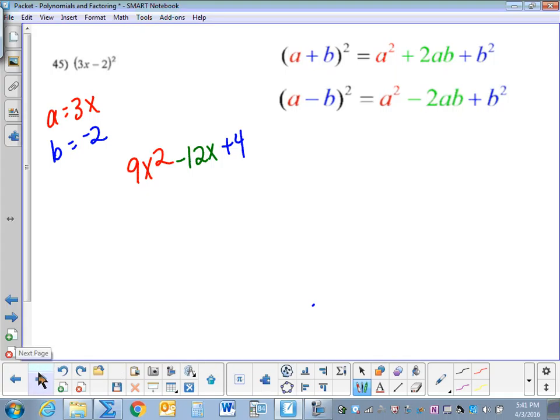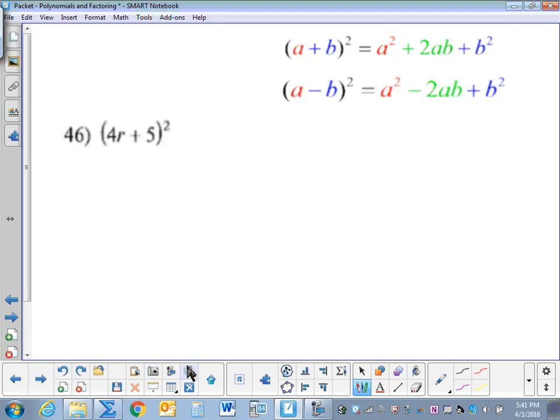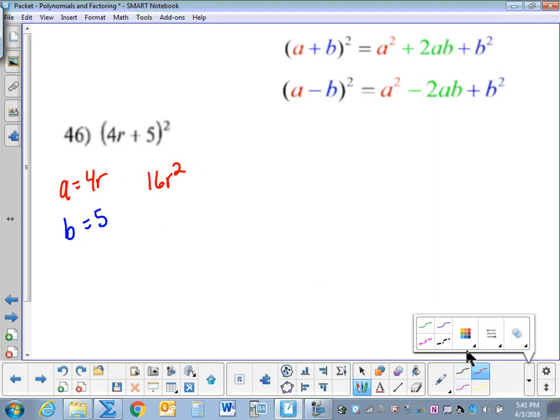Try number 46. So a is equal to 4r, b is equal to 5. Square the first term, multiply the two together and double them, and square the last term.